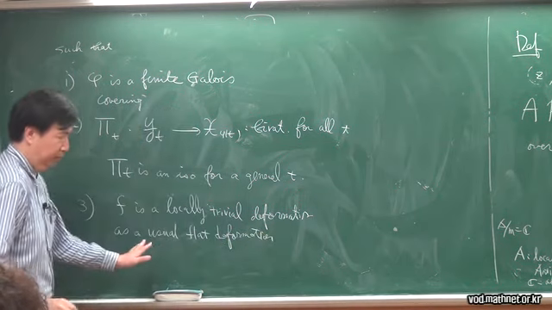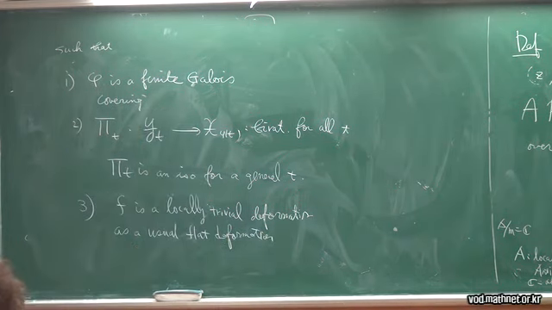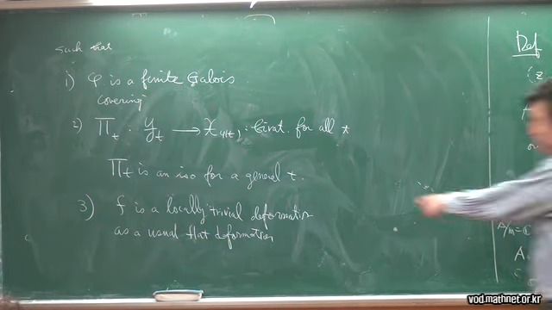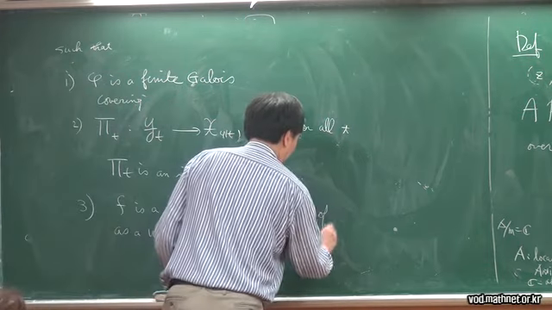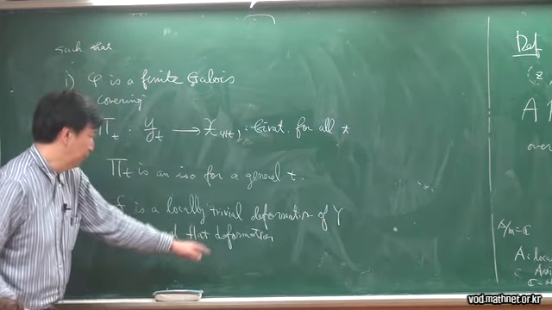What does it mean? This is a Poisson deformation, but if you forget the Poisson structure, it is just a flat deformation in the usual sense. And in the usual sense, F is a locally trivial deformation of Y as a usual flat deformation.